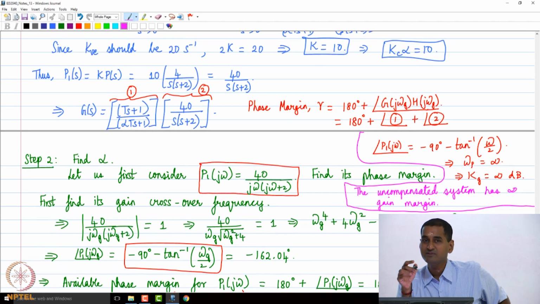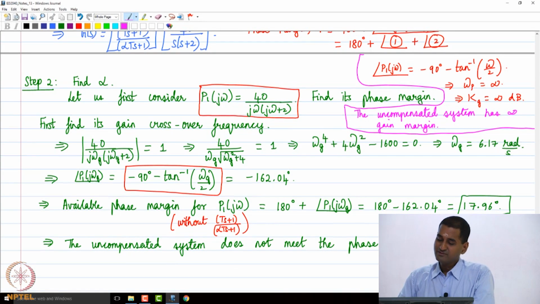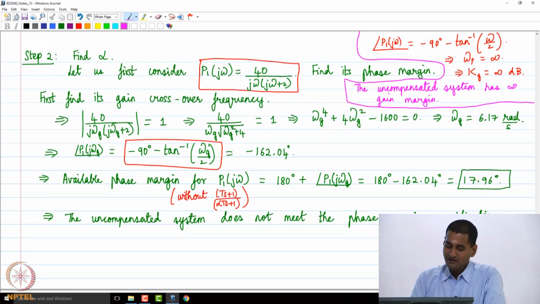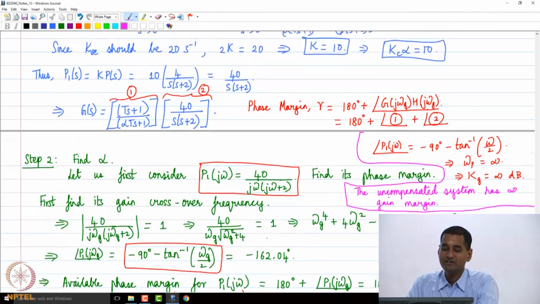What is the definition of gain crossover frequency? It is the frequency at which the magnitude becomes 1 or 0 decibels, right. For the uncompensated system, the gain crossover frequency was 6.17 radians per second. Now with compensation, the magnitude of G of j omega is going to be the magnitude of factor 1 plus the magnitude of factor 2, what I call 1 and 2 here.